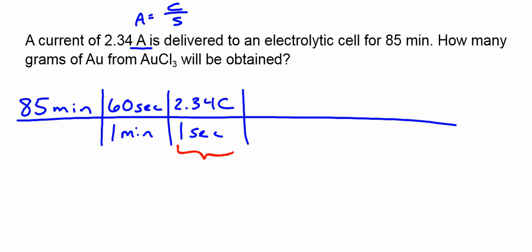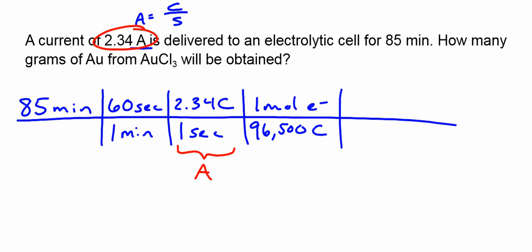This whole little area right here is my amps. This is my amps, 2.34. So that's a way of writing it. I bring coulombs down in this case. That's the only relationship I know, and it always equals 1 mole of my electrons. Mole of electrons, let's move that away, equals moles of gold. Again, I want gold. So for every 1 mole of gold, how many moles of electrons do I have?